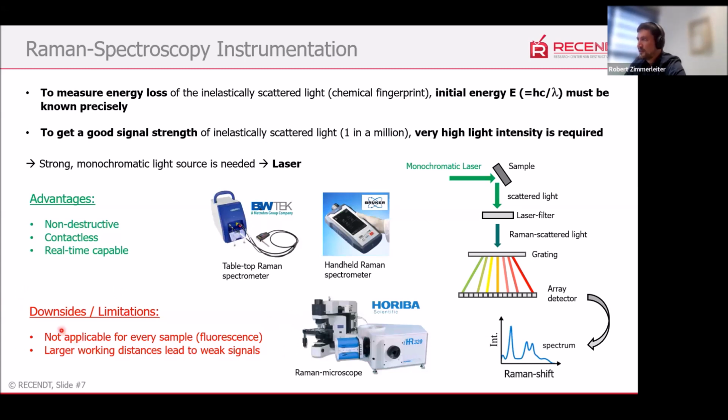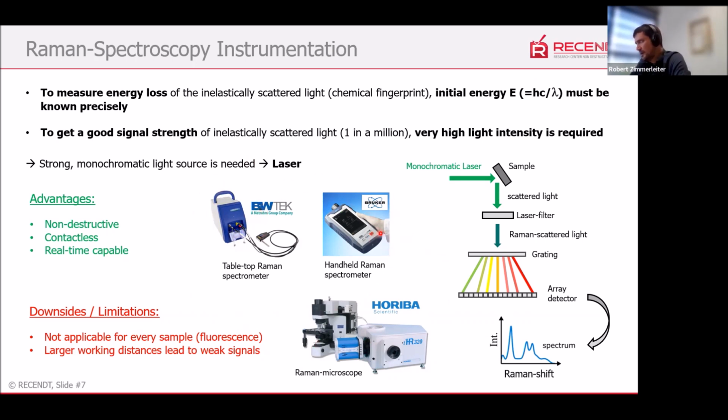For example, it's not applicable for every sample. Often we have the problem of fluorescence overpowering our Raman signal, and then we can measure nothing with our Raman spectrometer. Another problem is that at larger working distances, we get very weak signals. So if you want to measure from far away, Raman spectroscopy might not be the method of choice.